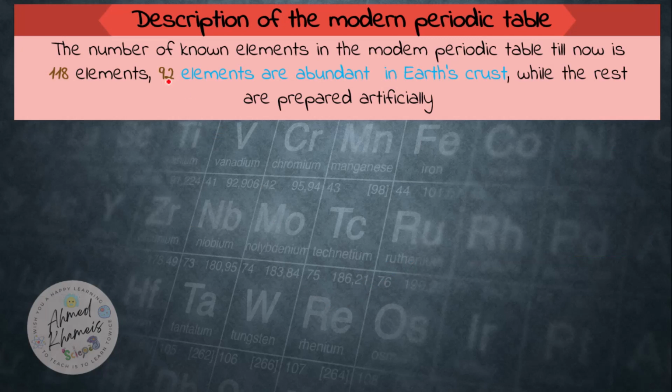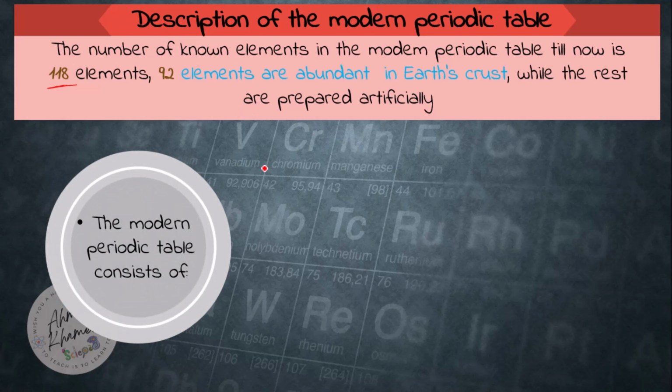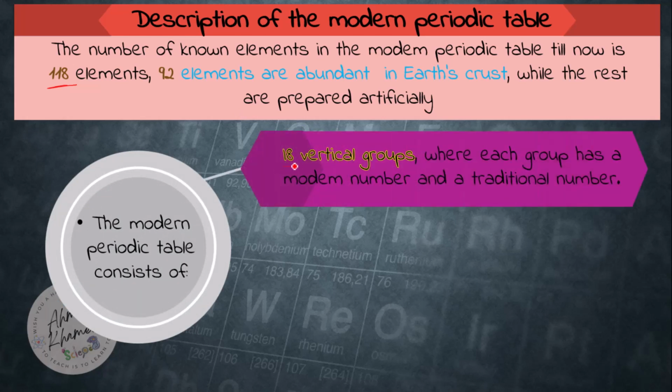The number of known elements in the modern periodic table is 118 elements. 92 of them are abundant in the Earth's crust, while the rest are prepared artificially. The modern periodic table consists of 18 vertical groups. Each group has a modern number and a traditional number.